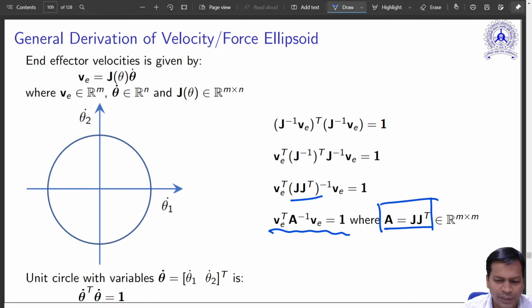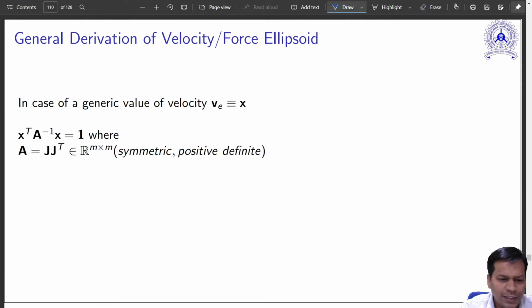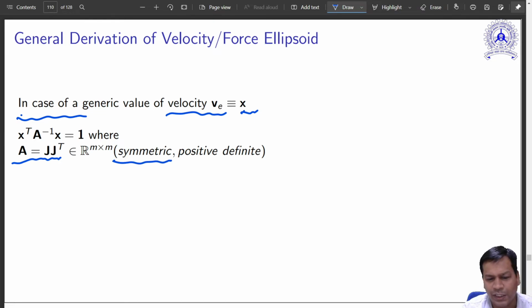What does this represent? In case of a generic value of velocity, when V is x, it is not a unidirectional velocity, but a generic velocity in all the directions. So what does this represent? This is nothing but a symmetric matrix. It is a square matrix also, and it is a positive definite matrix.